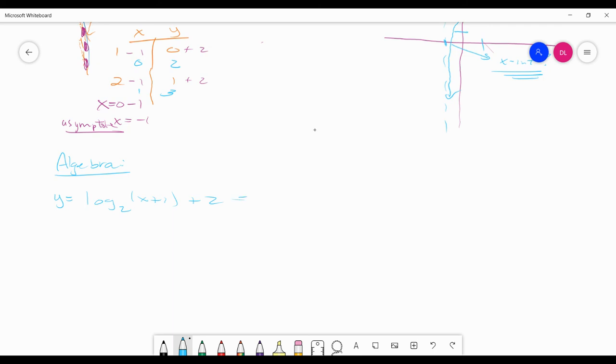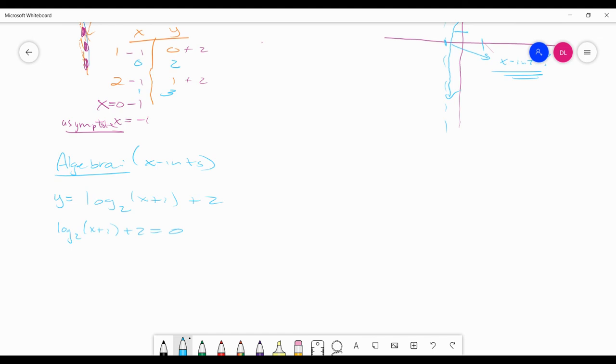So what do we always do to find our x-intercept? Remember, for the algebra part, we're always looking for x-intercepts. So we take log base 2 of x plus 1 plus 2 equals 0.